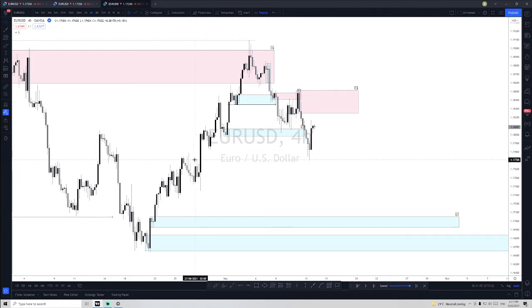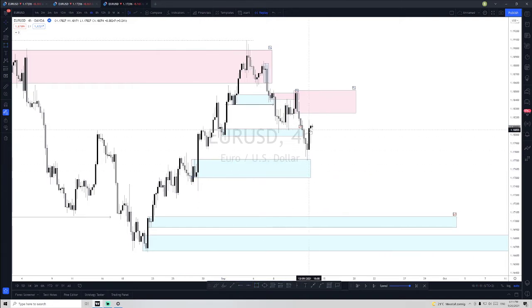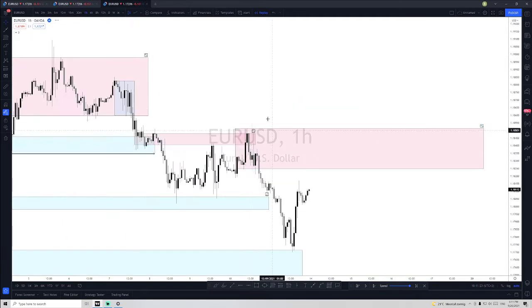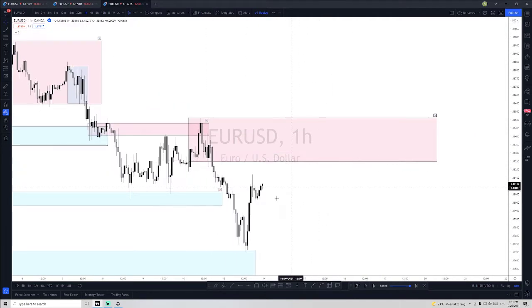So with that being said, let's see, is there anything else we can see? Yeah. So again on the 4 hour, we have this area of demand. It's being tested. Our current structure is this high and this low. That's our main focus for now. Dropping into the 1 hour, what can we see within the structure points?